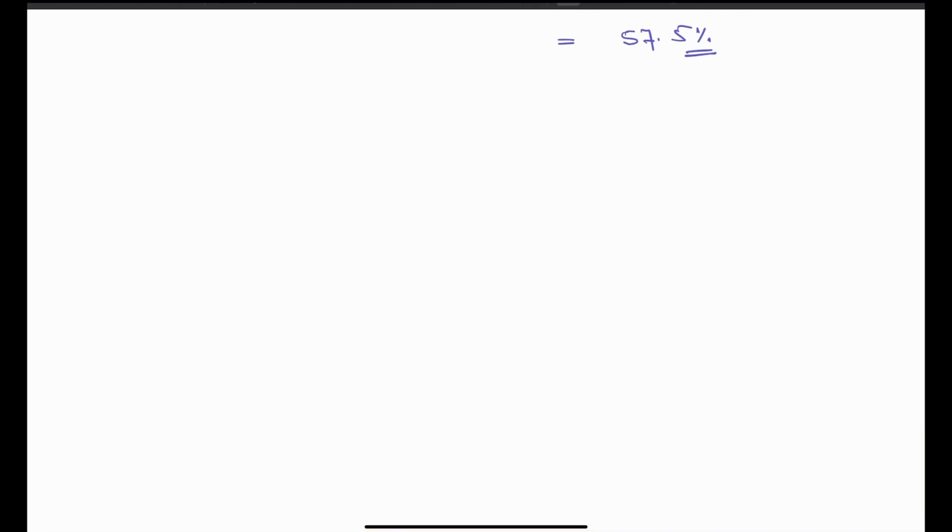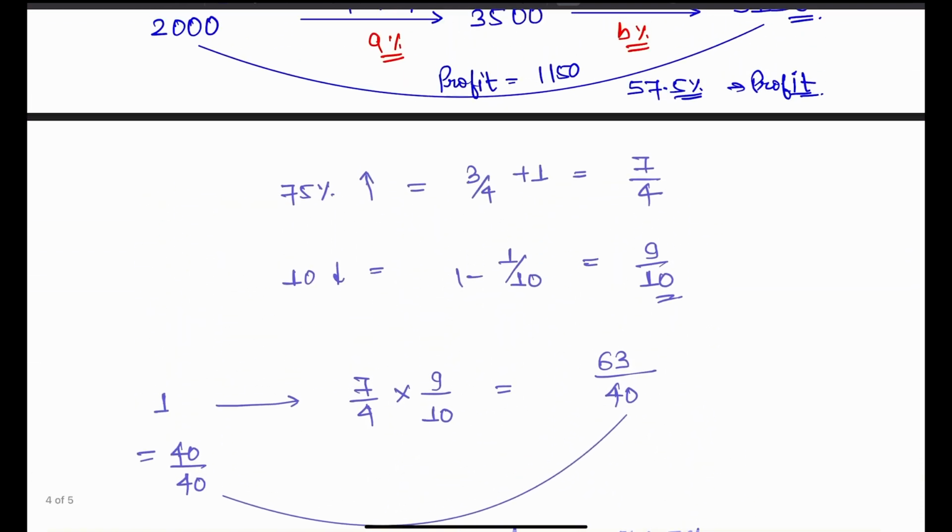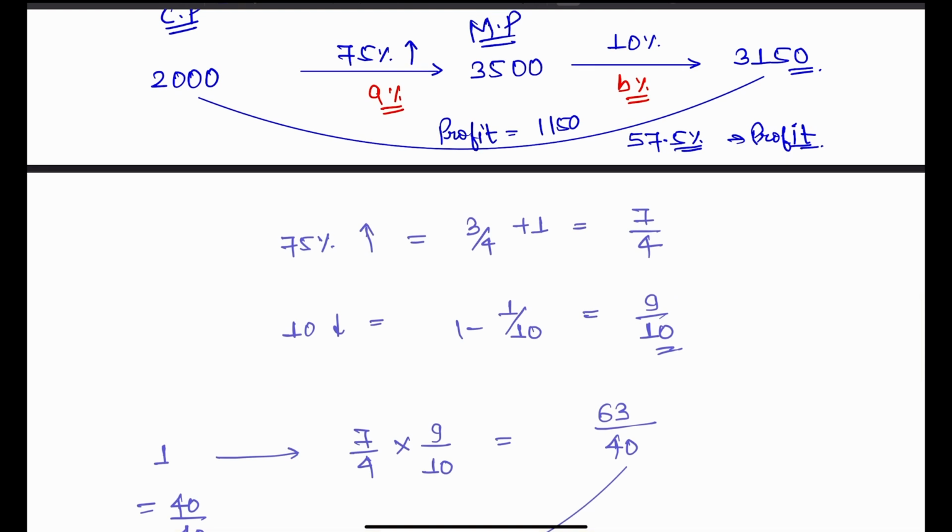Right now it's in the percentage form, so let's take it in fractional terms. Suppose this is not a percent: the value of the first fraction is a and the value of the second fraction is b.